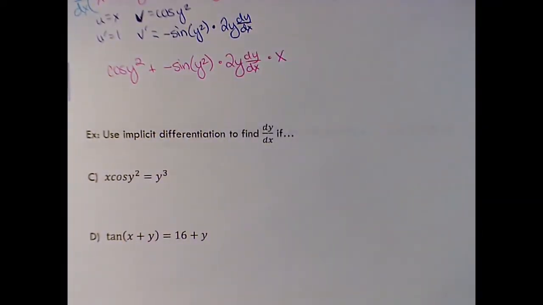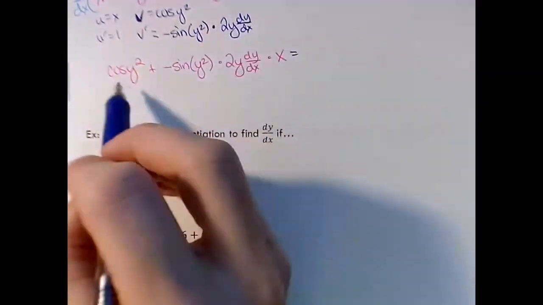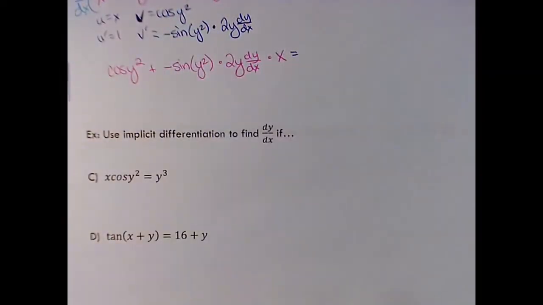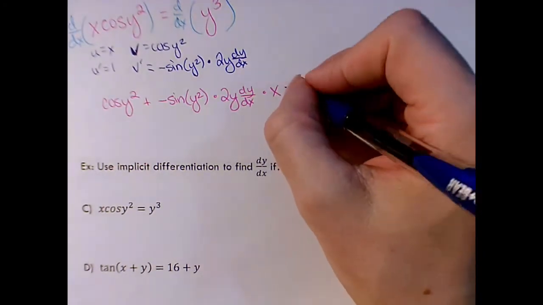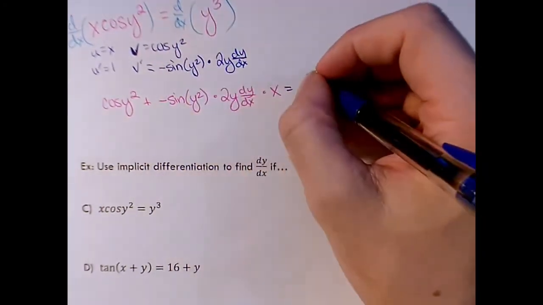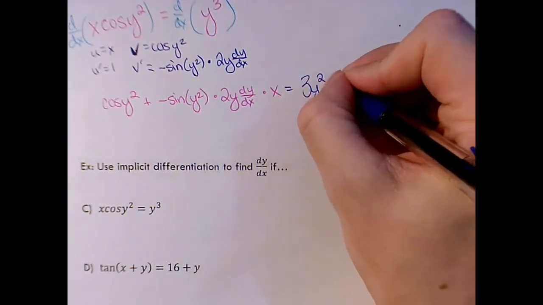That is going to equal, so that's just the product rule. All of this is just what I did on the left side, just product rule stuff. All of that is going to equal the derivative of y cubed with respect to x. So 3y squared dy/dx.